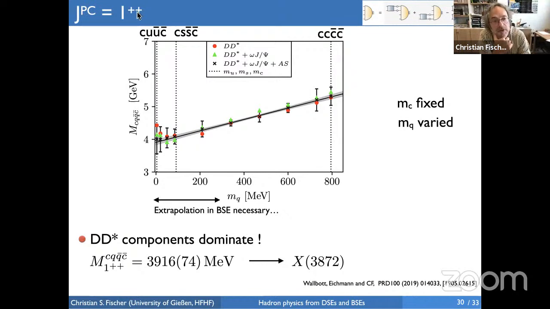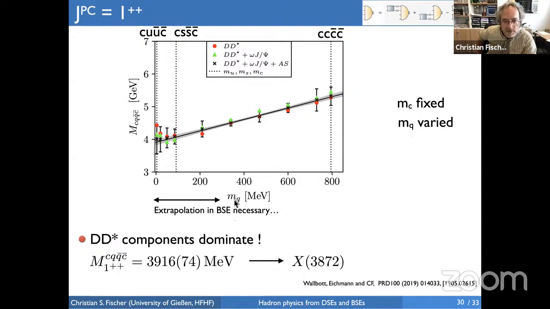It's the 1++ channel. This was the channel where the famous X(3872) was discovered by Belle 15 years ago at a mass shortly below 4 GeV. What I show you here is a calculation in our framework of this 2-charm, 2-light quark state, where we have the masses of the 2 charm quarks fixed, and we vary the masses of the 2 light quarks.